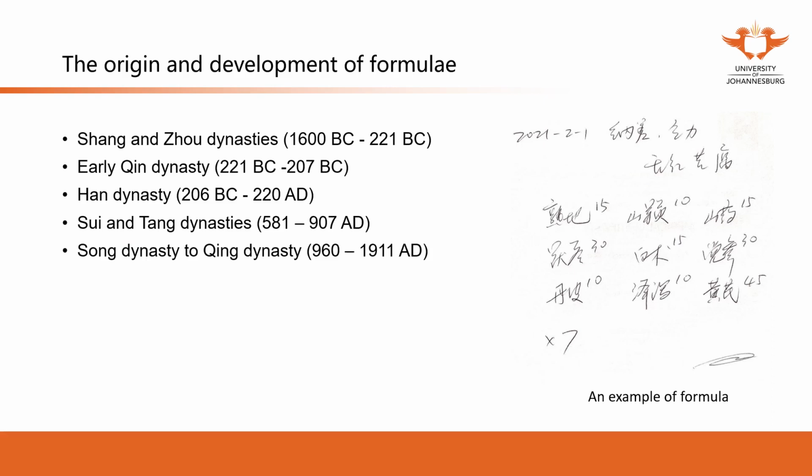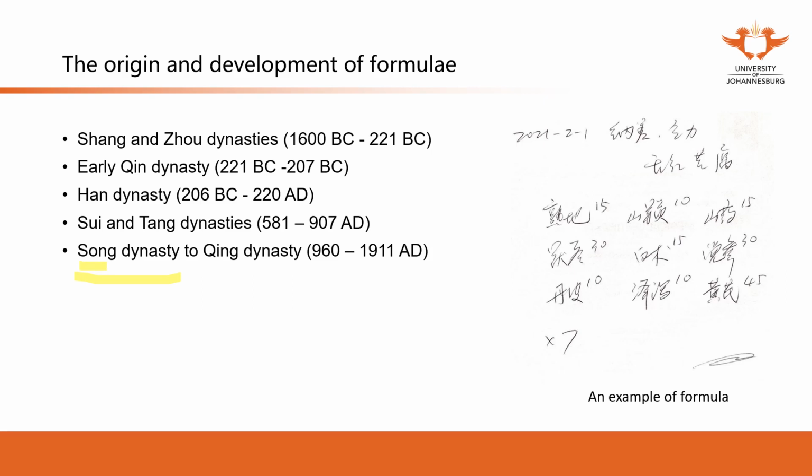After the Song dynasty, 960 AD, you can see more formulae books today. There are more books we can still see today. One reason is that these dates are closer to now, about 1,000 years. Another reason is that in the Song dynasty, the technique of printing was invented in China.